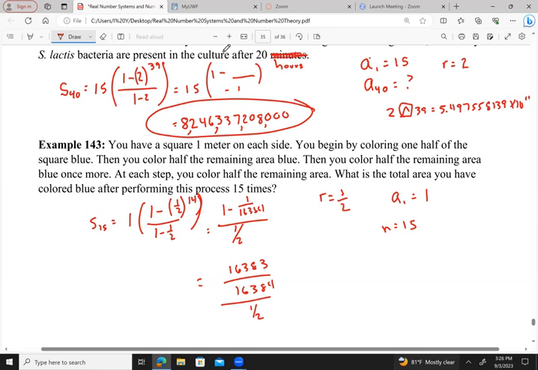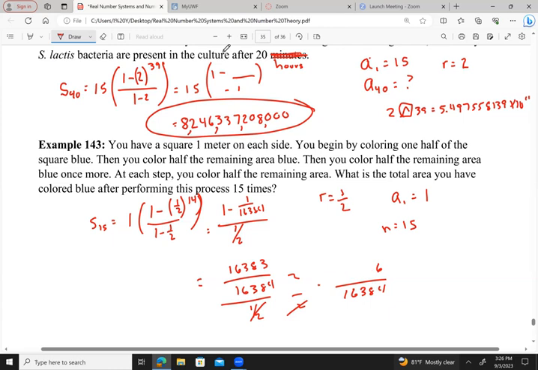If I multiply by 2 over 2, I have 32766 over 16384, which doesn't make sense because that is more than the whole thing.